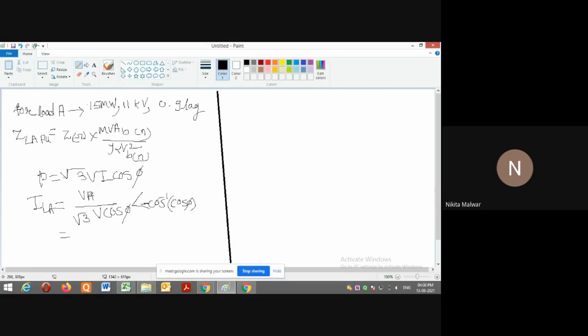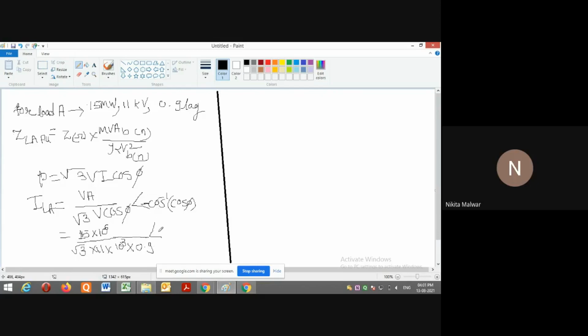Taking this value instead of volt ampere, the value will be 15 into 10 to the power 6 divided by root 3 multiplied by 11 into 10 to the power 3, because we have considered voltage here, not kilovolt, multiplied by the lagging power factor 0.9.